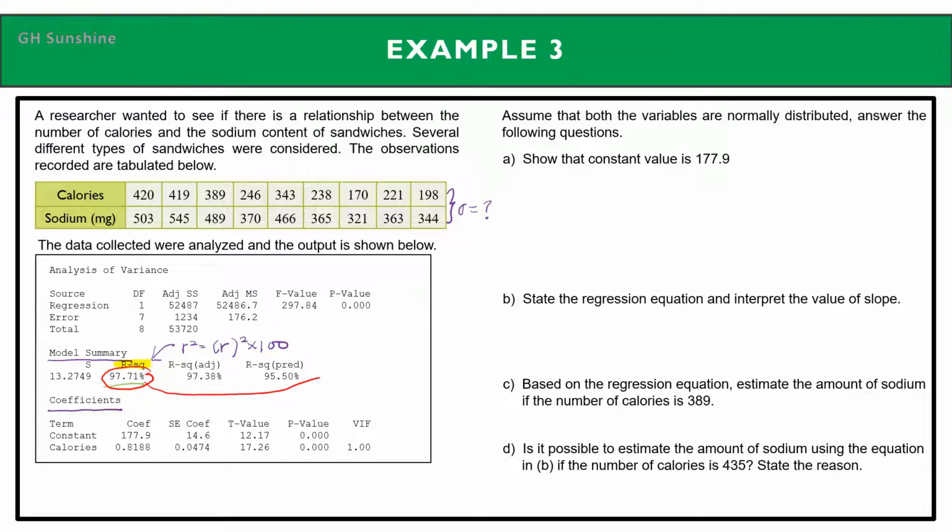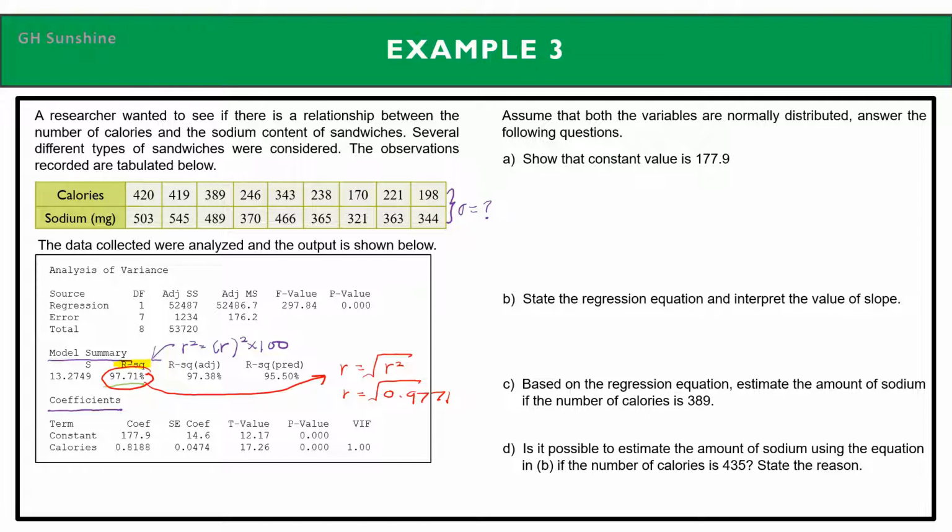So from R squared, R equal to square root of R squared. 97.71% convert to decimal form. So R equal to 0.9771.